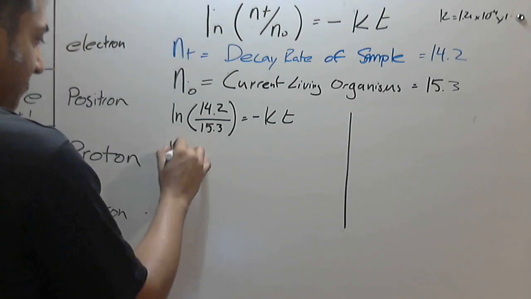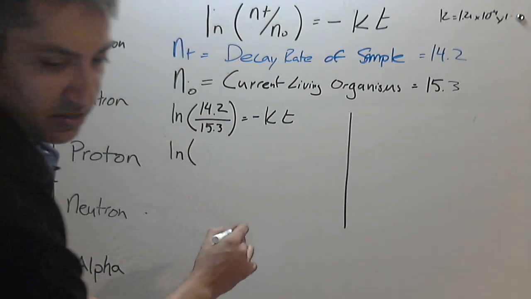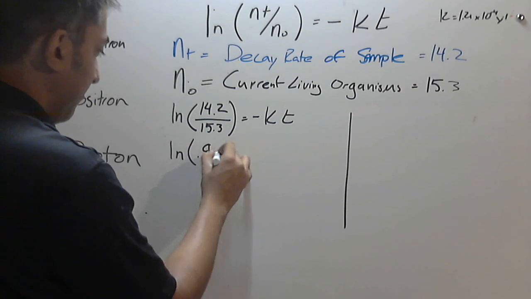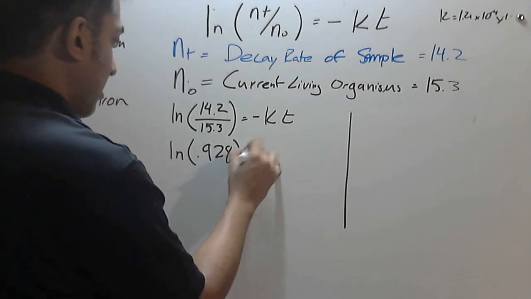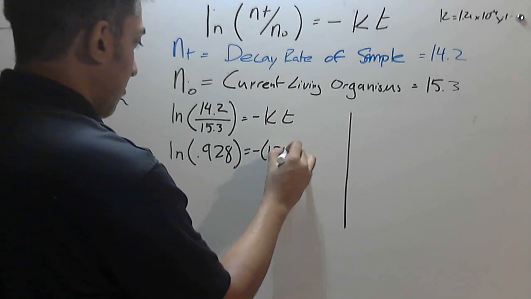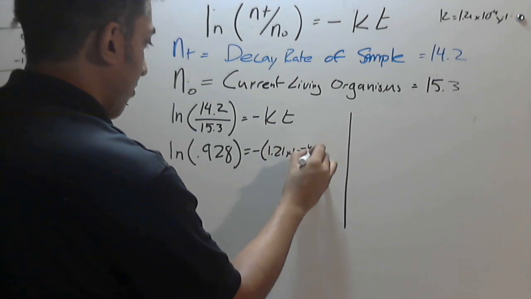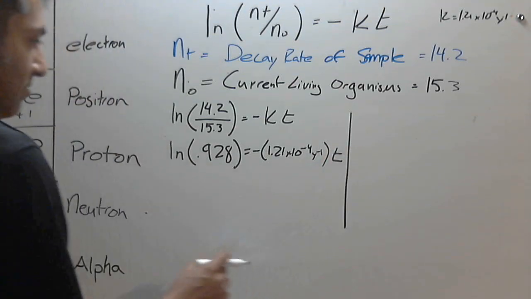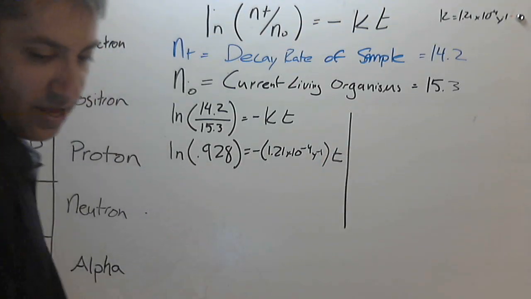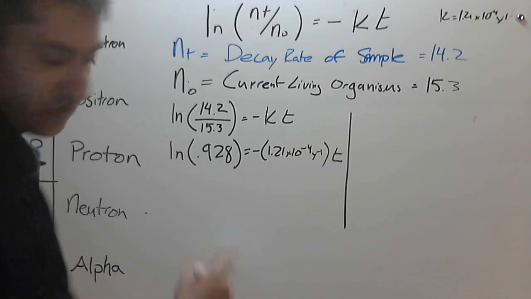I'm going to go ahead and do this middle part just for simplicity. I want you guys to see this. It's like negative 0.0746 equals negative 1.21 times 10 to the negative 4 years to the negative 1, and I'm solving for t. This ln is going to be a negative number.